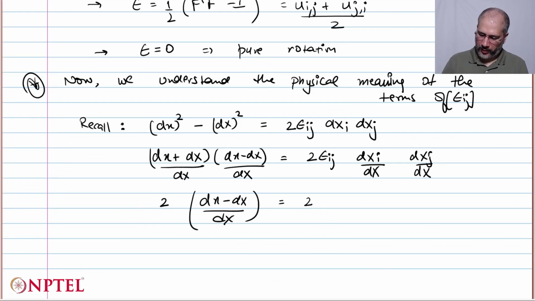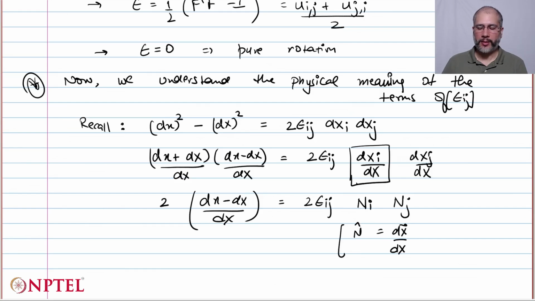Now on the right hand side, we have twice epsilon_ij. And if I look at this quantity, dX_i by the magnitude of dX, this basically is dividing a vector by its magnitude, because dX_i is a vector. So this is N_i and this is N_j, where the vector n is simply a unit vector in the direction of d capital X. Now d capital X is the vector from capital P to capital Q in our undeformed configuration.